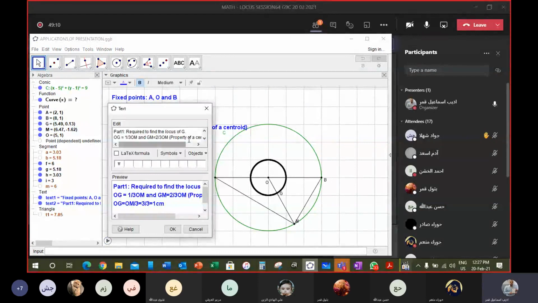ما حدا بيشرحها هيك. Enter then آخر شيء finally the locus of G is a circle. ما حدا بيقول بس circle، حدد له السنتر والراديوس او الدايمتر: of center O and radius OG which is equal قديش طلعت equal radius. الراديوس لهي السيركل 1 سنتيمتر.